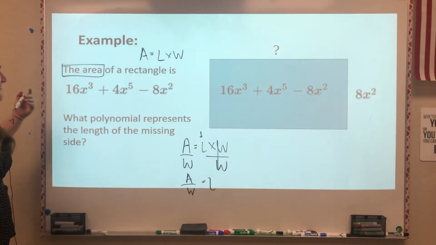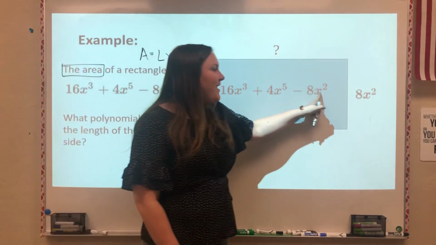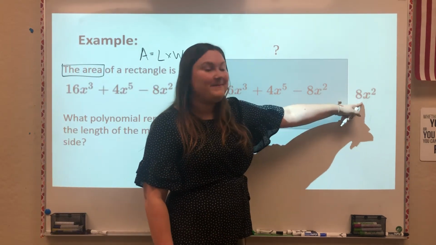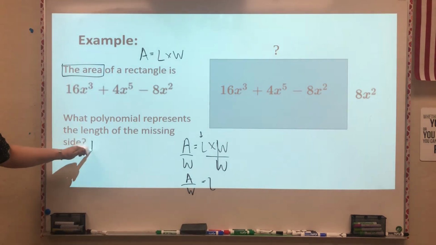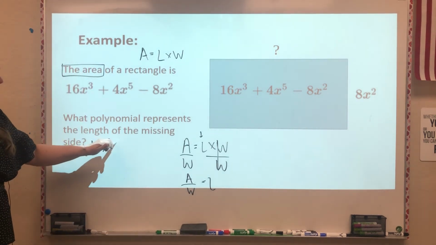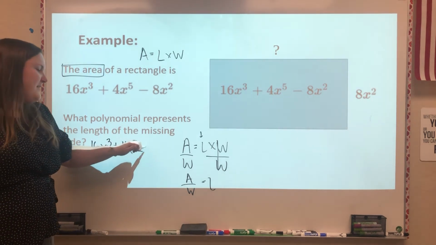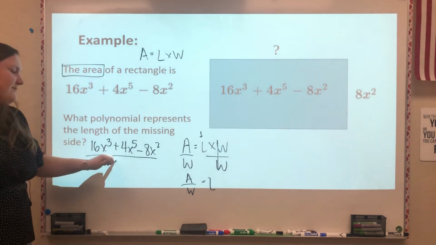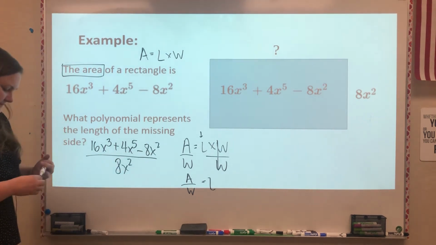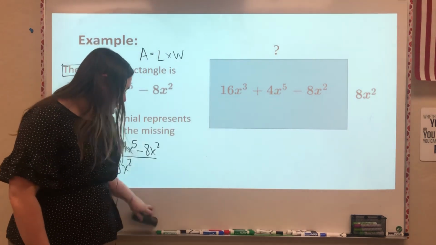The punchline, though, is to get our answer, to figure out that length here, I need to take this polynomial and divide it by the 8x squared. So I'm going to need to do 16x cubed plus 4x to the 5th power minus 8x squared, all divided by 8x squared.